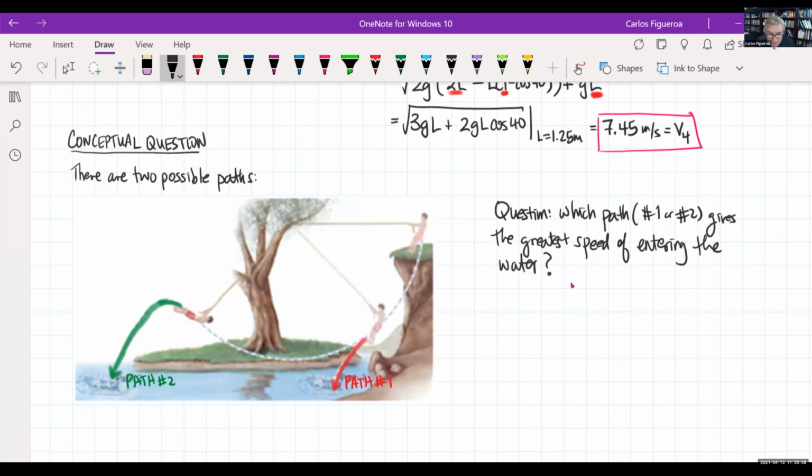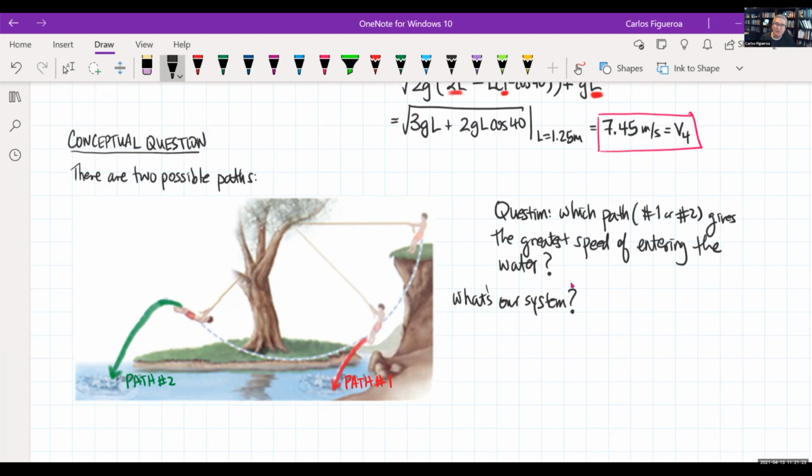And again, the very first thing that we got to do here is ask the question, is conservation of energy valid? And so what we're asking is, what is our system? Okay, so what's our system?